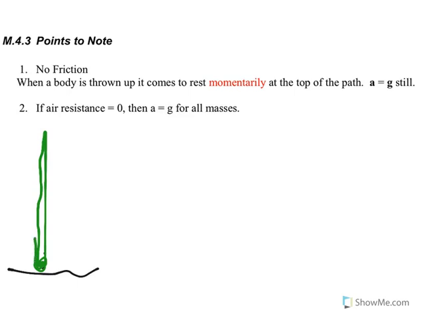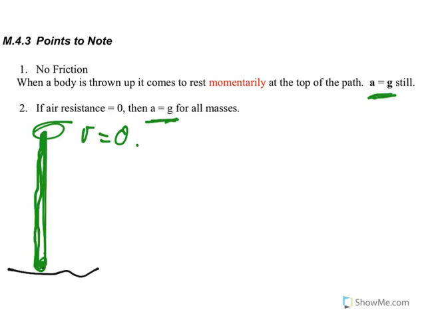So it's changing direction, so it'll be slowing down, momentarily stopped, and then back down. So momentarily, the velocity here equals 0. It doesn't matter that it's momentary, but we can use that as a piece of information that's useful to us. And of course the acceleration is equal to g, and if air resistance is equal to 0, acceleration is equal to g for all masses.